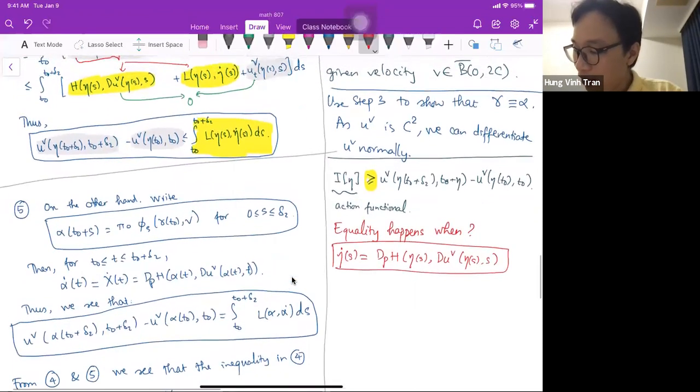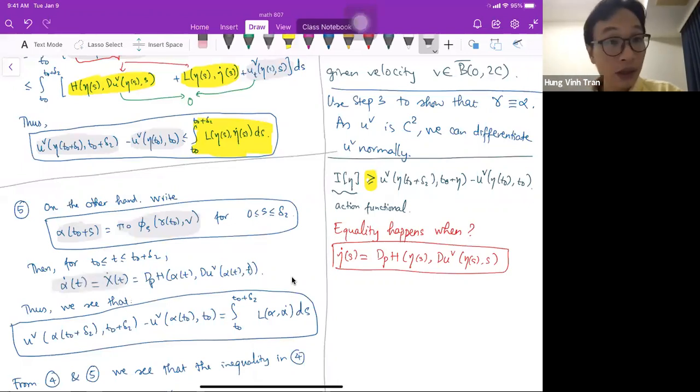Alpha is the specific curve that we choose, of the Lagrangian flow, so that we start at the same point as gamma and end at the same point as gamma, from t naught to t naught plus delta t. Okay, so you see that alpha satisfies alpha dot is x dot, right?